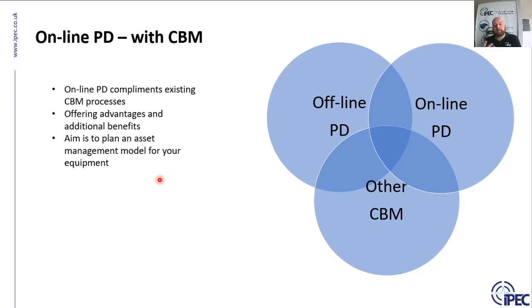The other advantage is that you're conducting the test live, so the asset is in normal operation and you're not taking any interruption or outage. It's very easy to conduct tests and surveys of all your equipment without causing customers a temporary outage whilst you conduct the test. That tends to be the biggest advantage of online PD.